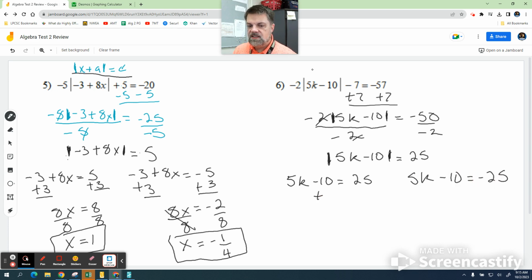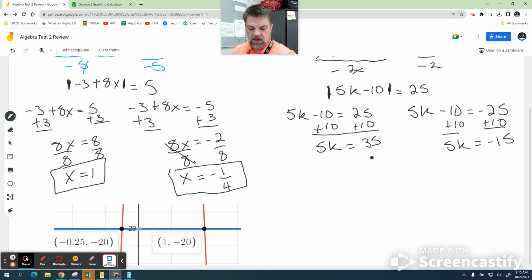Over here, I'm going to add 10 to both sides. I get 5k equals 35. Over here, I'm going to add 10 to both sides, and I get 5k equals negative 15.